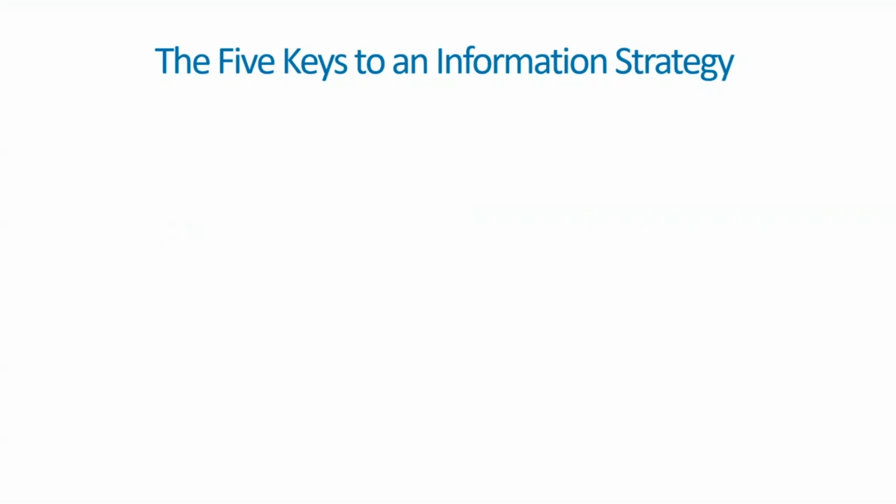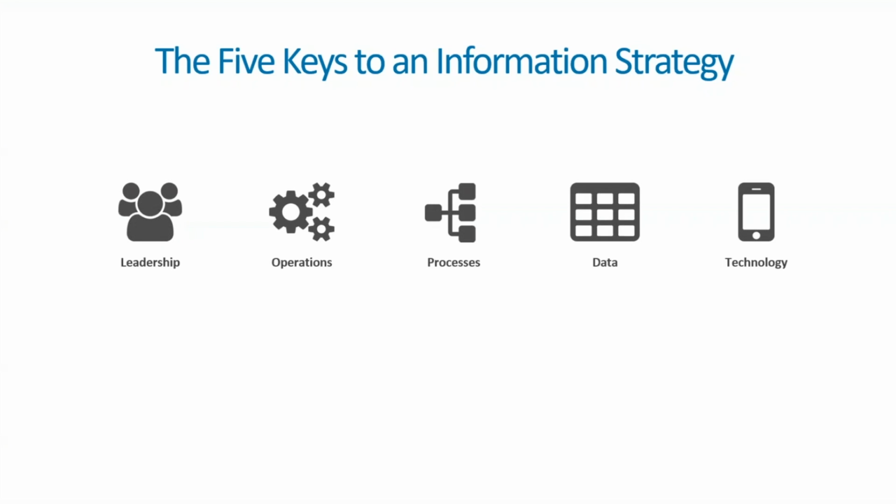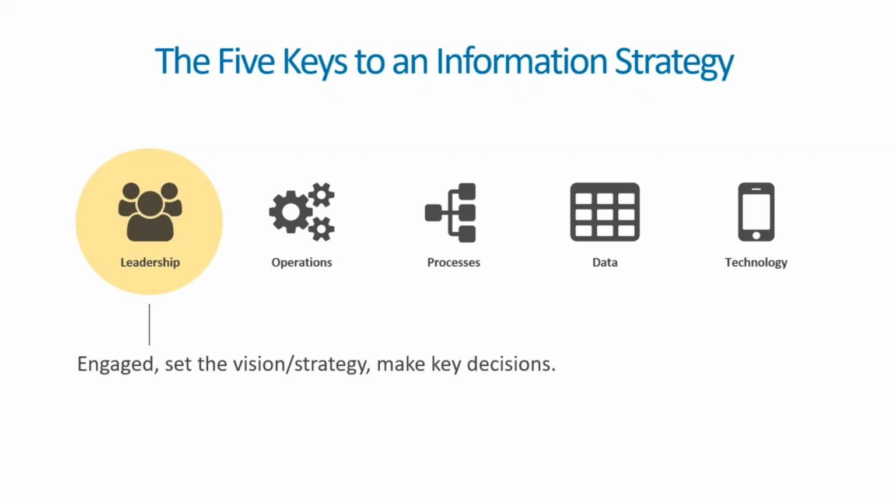So what are the 5 steps to building an information strategy, or what are the 5 key aspects of an information strategy? Well, we just saw them, but we're going to step through them a little bit in turn here. So when good leadership is engaged in setting the tone for an initiative, it typically goes much more smoothly. Even seemingly small information management initiatives benefit when leadership participates.